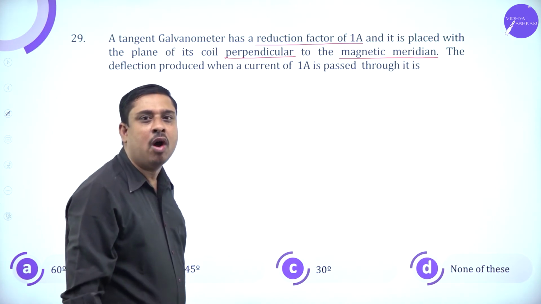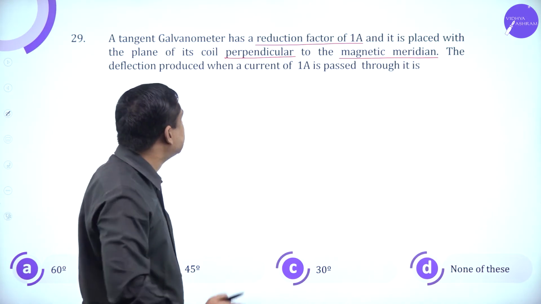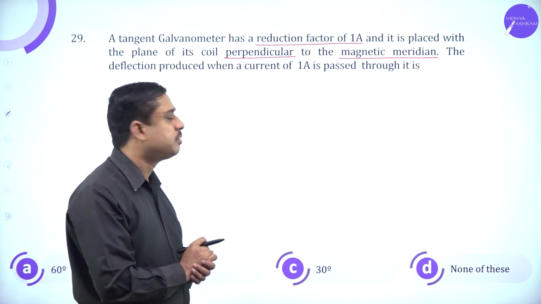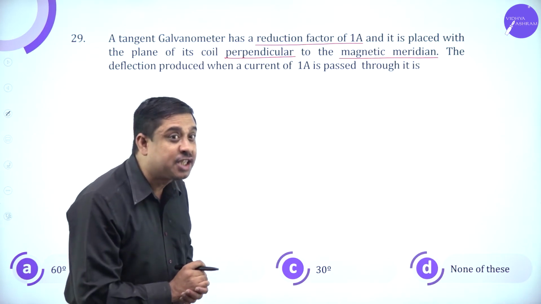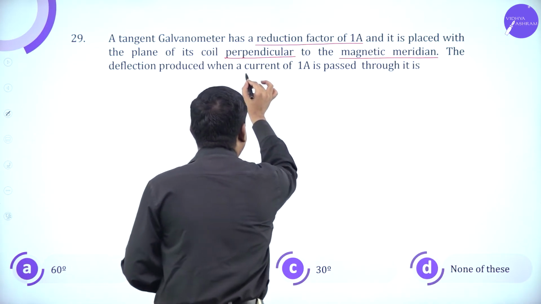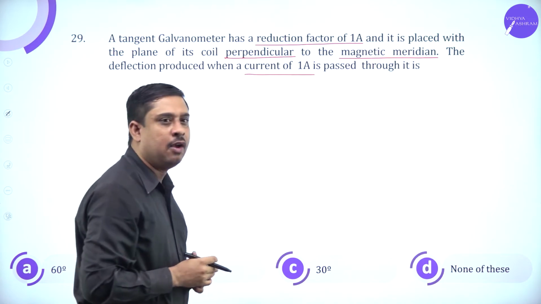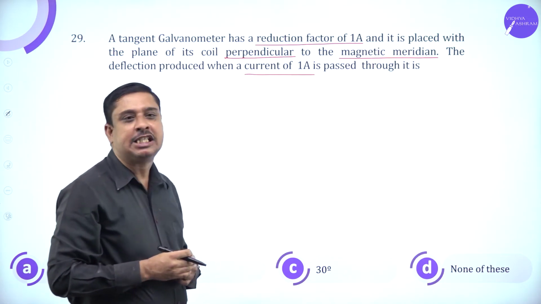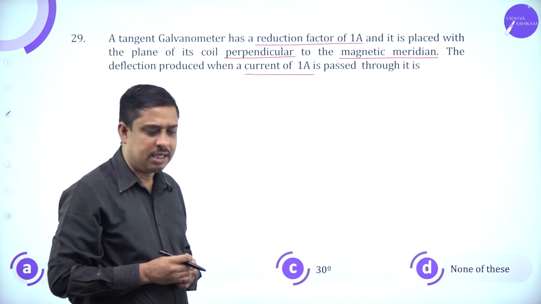The plane of the coil is perpendicular to the magnetic meridian. The deflection produced in the TG when a current of 1 ampere is passed through it.